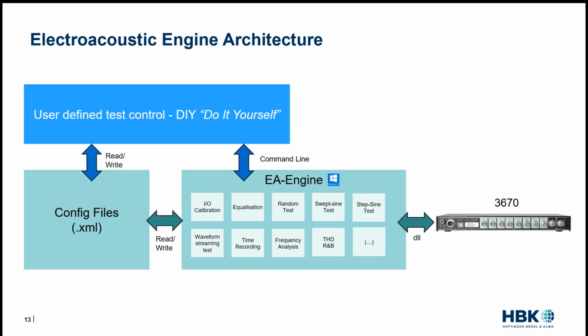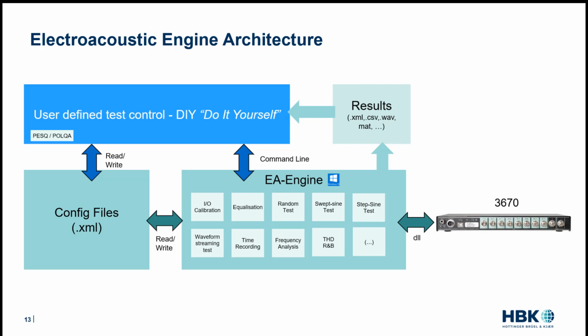If you want to go into a detailed configuration, we have a set of config files that you can read or write to adjust the test the way you want. And the EA engine will output test results as XML, CSV, WAV files, and MATLAB.